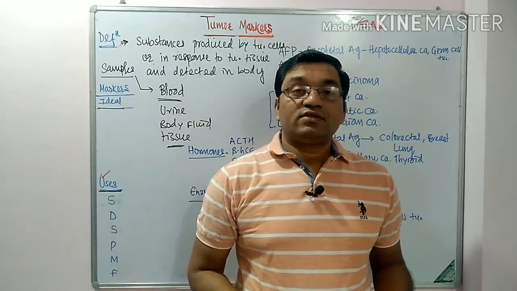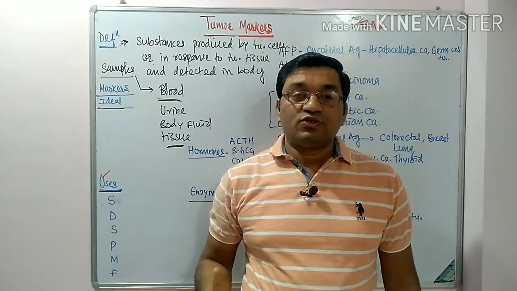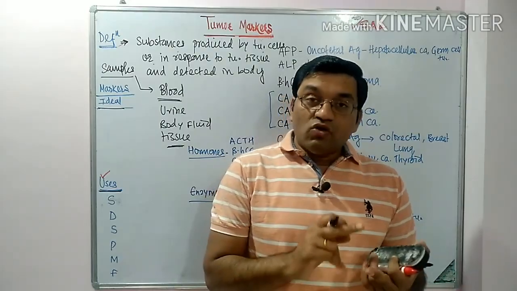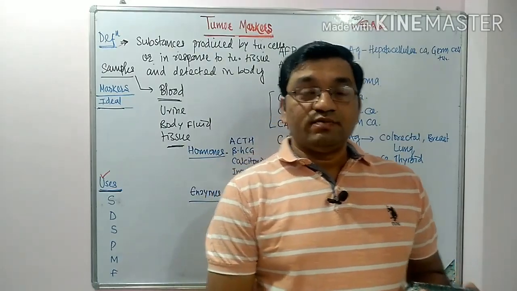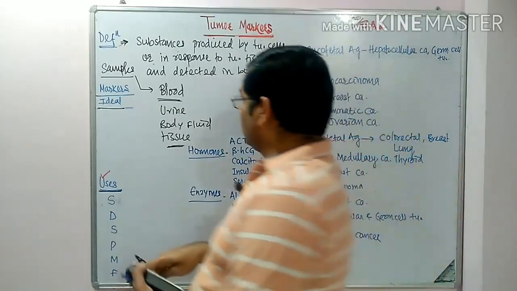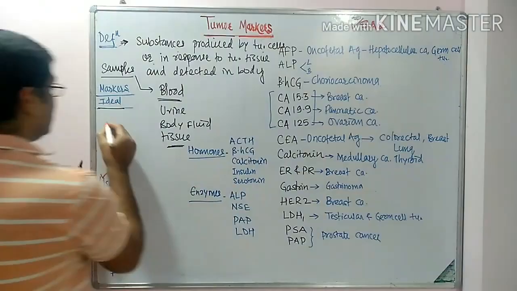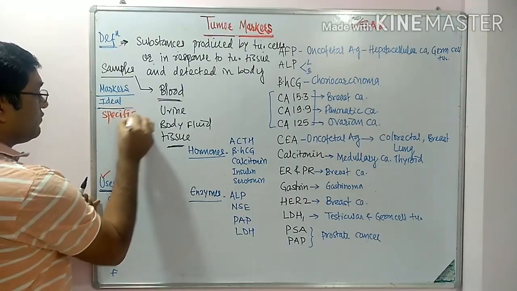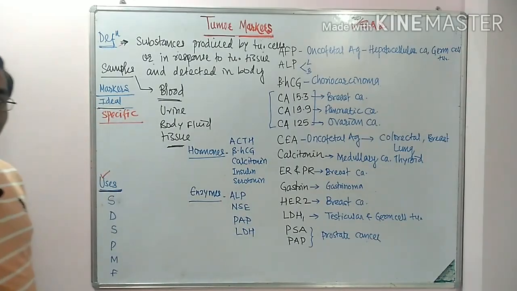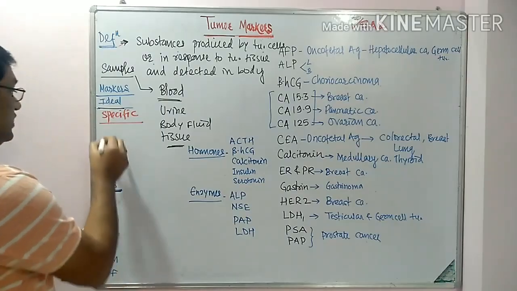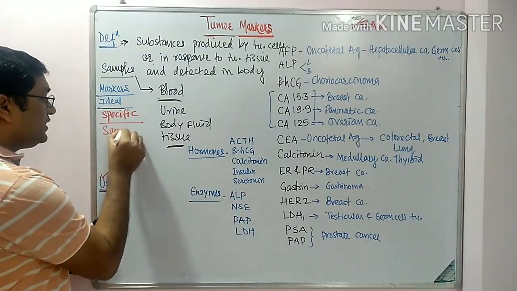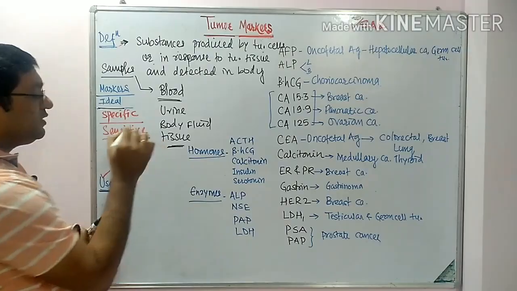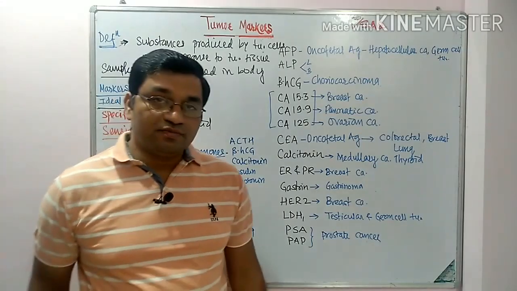Now what are the characteristics of an ideal marker? It should be constantly associated with the disease, means specific for that disease, specific for that cancer. Second, it should be sensitive enough to be detected by various methods available.